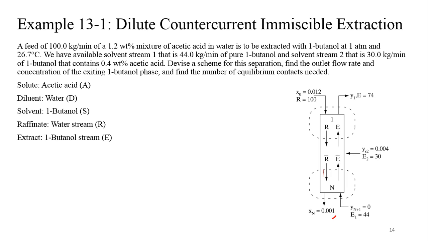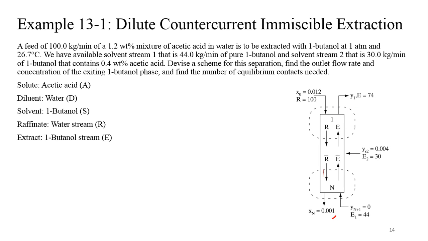We're going to feed in the pure solvent at the location where we're coming out with the minimum amount of acetic acid in the water. And then as we go through our separation equipment, we're going to feed in our second solvent stream at a location approximately where the concentration would match up with that. In fact, we're going to force it to ultimately, as you're going to see, but we'd like to feed it in at a point where it would make sense to do that as well. And then we're going to come out the top with an extract.